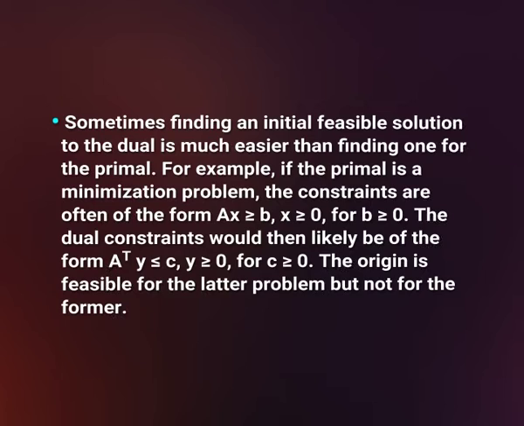The dual constraint would then likely be of the form A^T y ≤ c, y ≥ 0 for c ≥ 0. The origin is feasible for the latter problem, but not for the former.